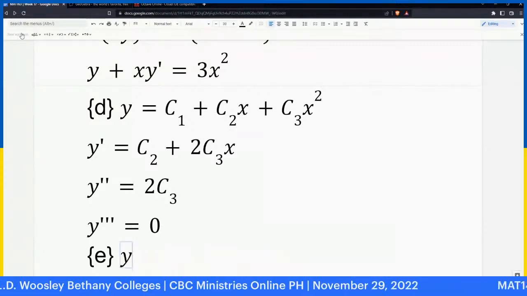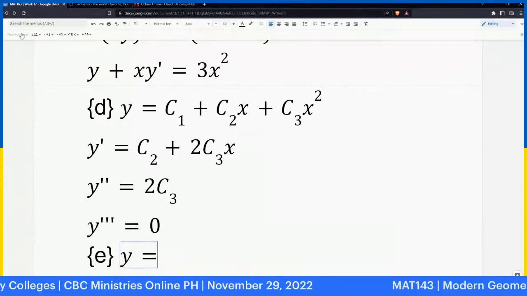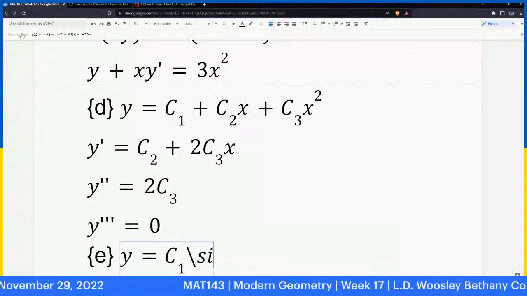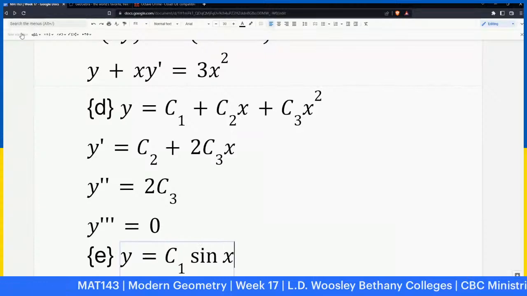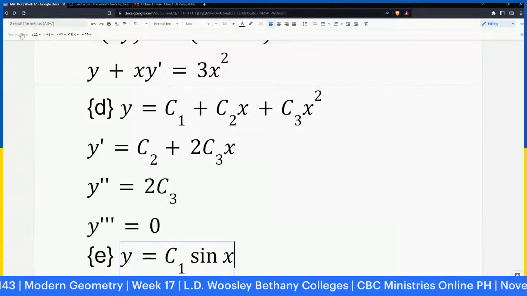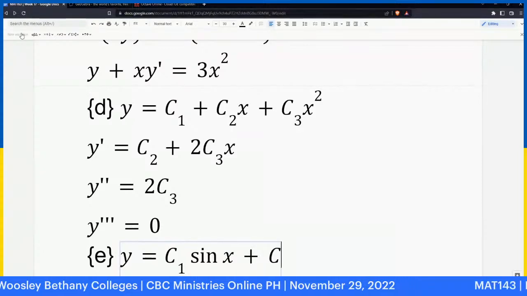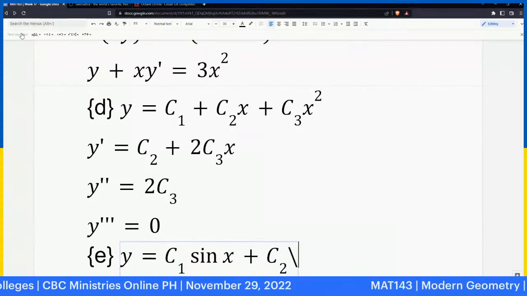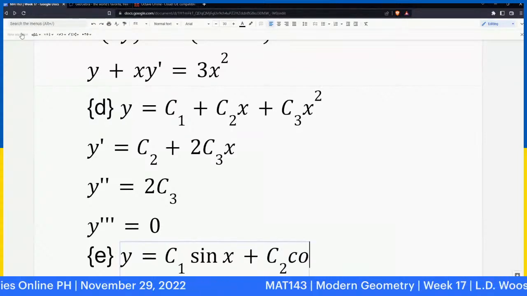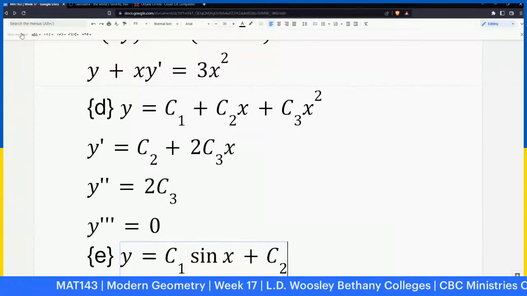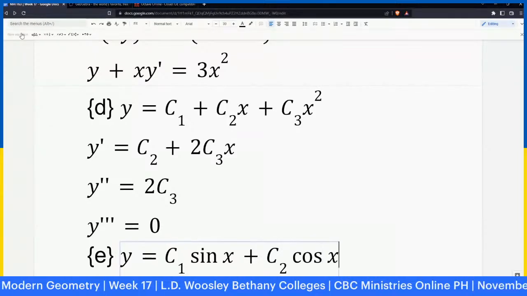So, y is equal to c sub 1, but this time, may sine of x ka pa. Sine of x. That will make it difficult, no? Now, plus c sub 2 cosine x, okay?